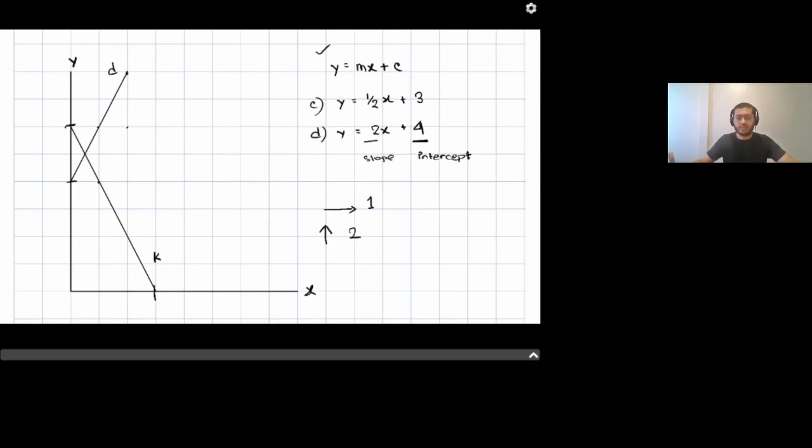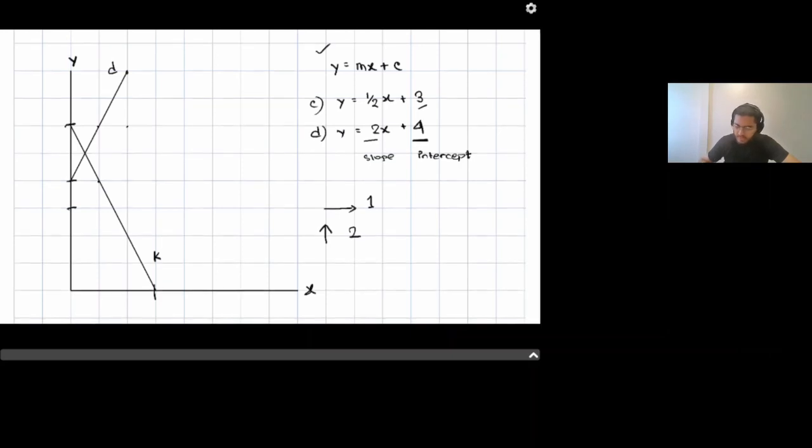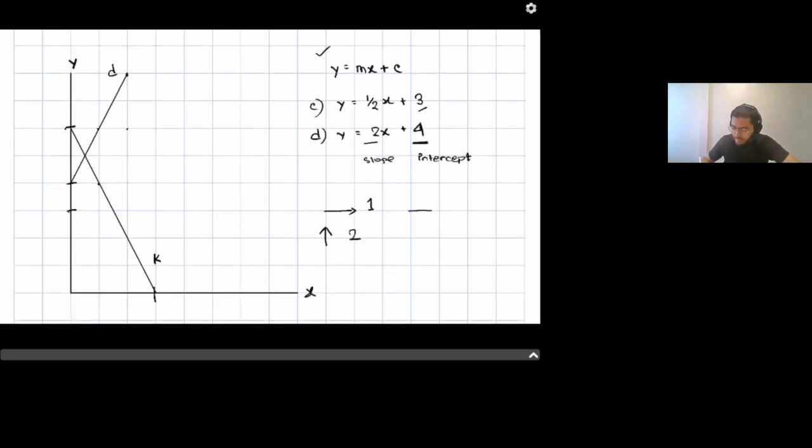But for the purpose of this video and for the ease of mind, if we wanted to be absolutely sure that C is the answer, we could draw that as well. Its intercept is 3. So 1, 2, 3. And its slope is half, meaning for every 1 block to the right, I go half block up.